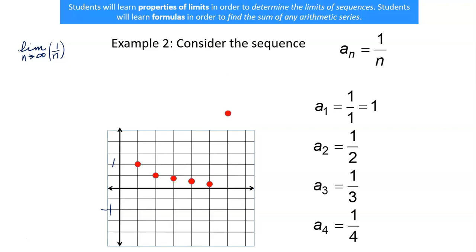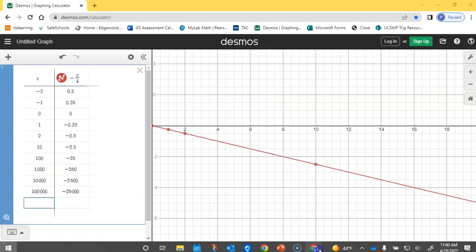Put in a 6, I have 1/6. 7, I have 1/7. If I put in 100, a sub 100, I would have 1 divided by 100, or 0.01. If I did a sub 1,000, I would have 1 divided by 1,000, 0.001. And again, if you wanted to check it out on Desmos, you could do that.